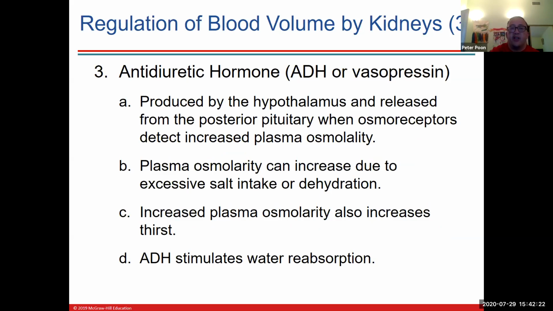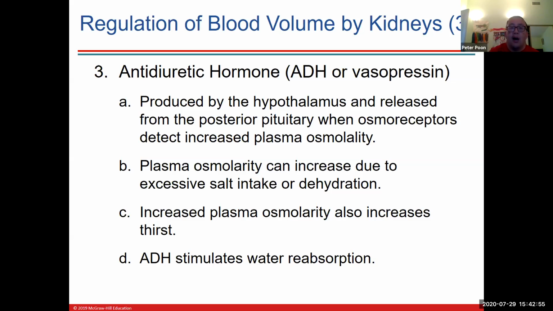Okay, ADH or vasopressin. ADH is produced by the anterior pituitary. Or no, ADH is posterior pituitary. So when there's too much salt in the blood, increased plasma osmolarity, that tells you there's not enough water, so you release vasopressin.